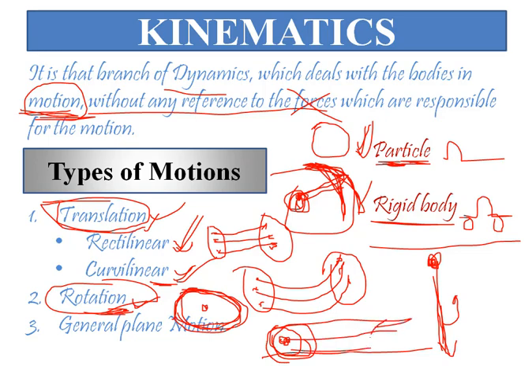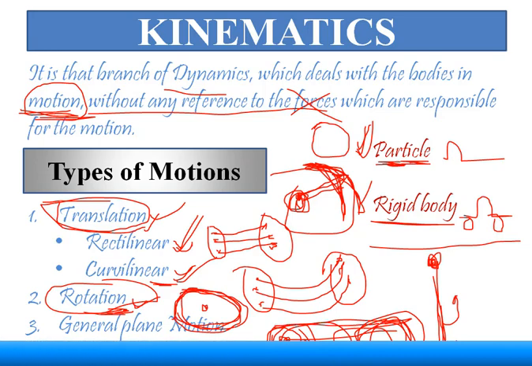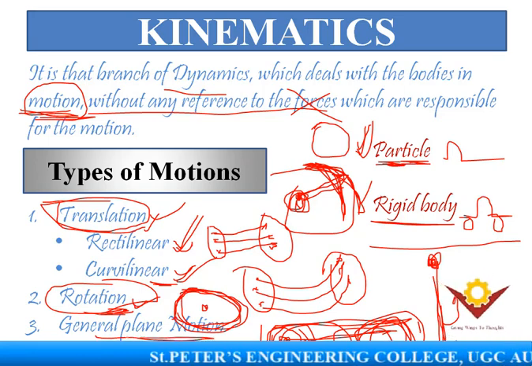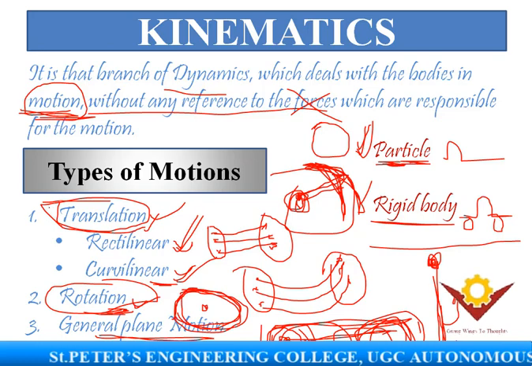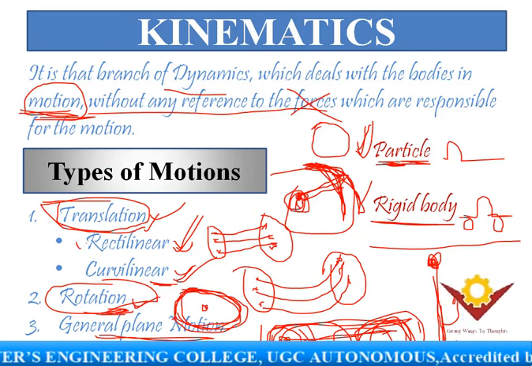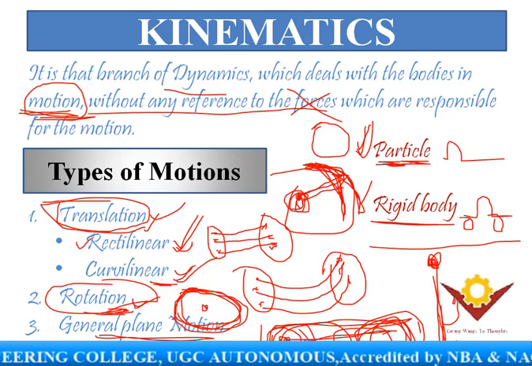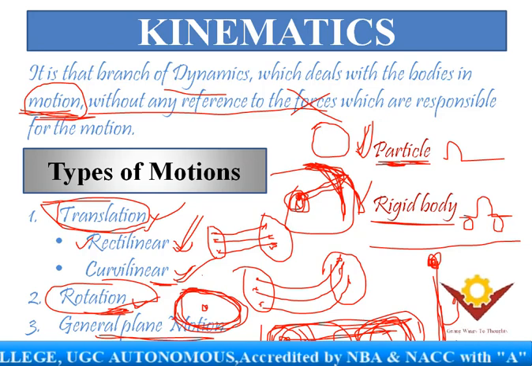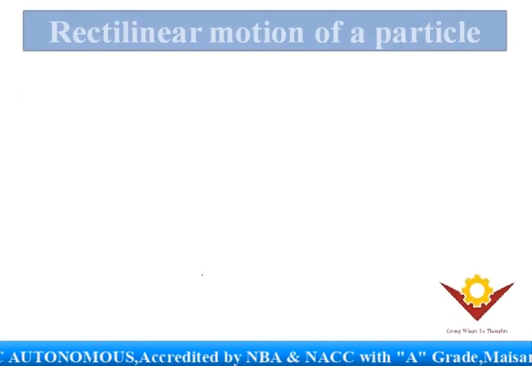After some time it reaches here, and again it rotates. So it has a rotational motion and a linear motion from left to right. These problems come under general plane motion. In this session, first we'll see rectilinear motion, and in the coming sessions we'll see all these other types of motion.